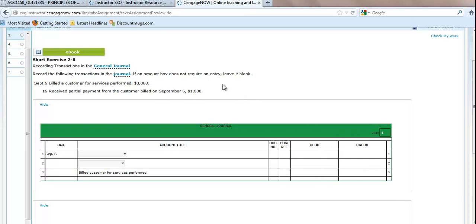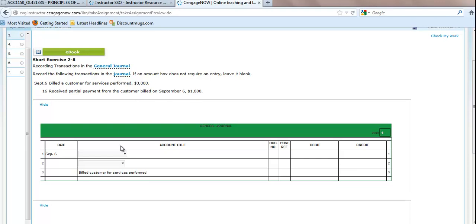So the process is still the same. We figure out which accounts are going to be affected and if they're going to increase or decrease, and then do they increase with a debit or a credit. The first one says on September 6th, we billed a customer for services performed in the amount of $3,800. If I billed a customer, that means I sent a customer a bill and they need to pay me.